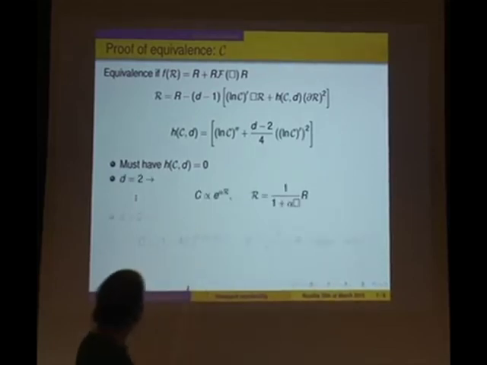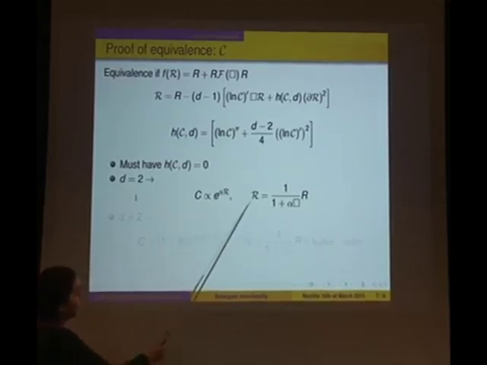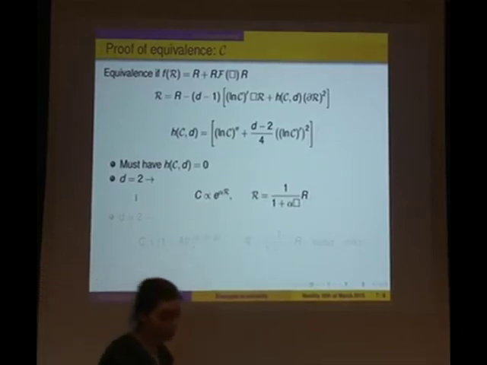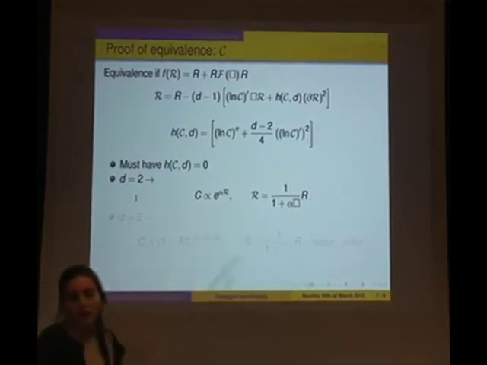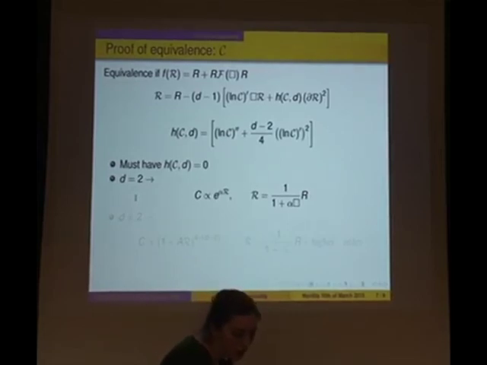There are no actual theories present in dimension 1. In dimension 2, this constraint gives you an exponential factor for the C, and then you can find this function of R in this form. This is really nice, but this is of course also because dimension 2 is quite trivial in this sense.